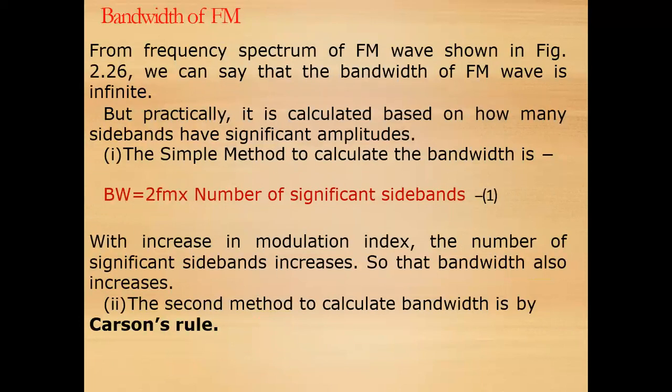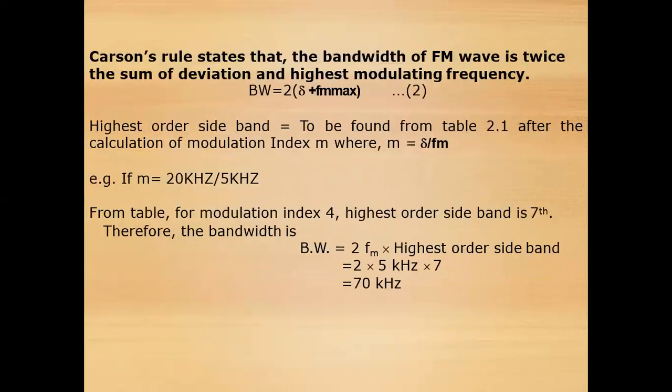Coming to the bandwidth of FM, Carson, a scientist, has given the bandwidth of FM. He states that the bandwidth of FM equals 2 into the number of significant sidebands times fm. According to Carson's rule, the bandwidth of FM equals twice the sum of the frequency deviation and the highest modulating frequency.